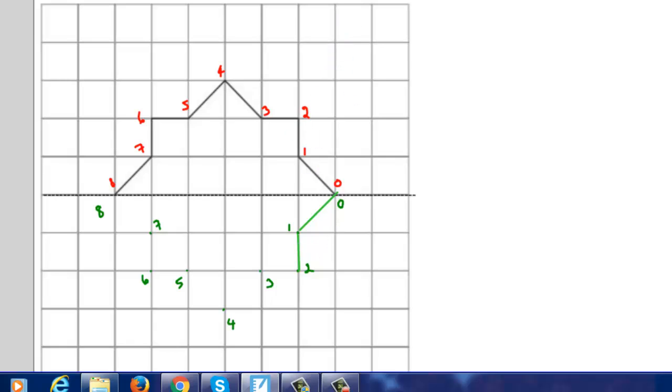From 2 to 3. From 3 to 4. From 4 to 5. From 5 to 6.